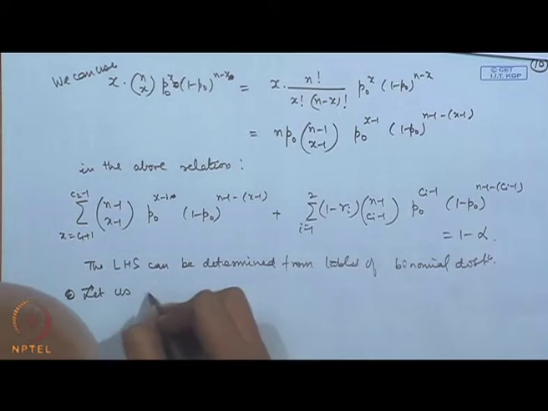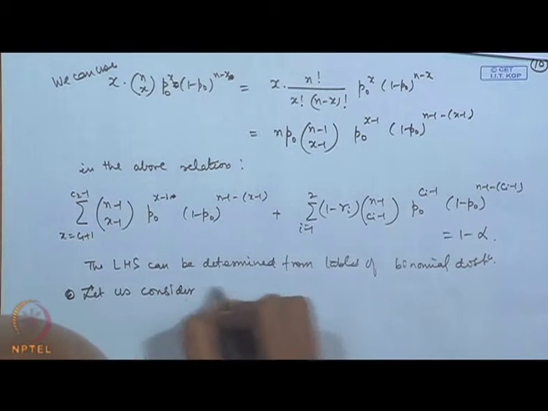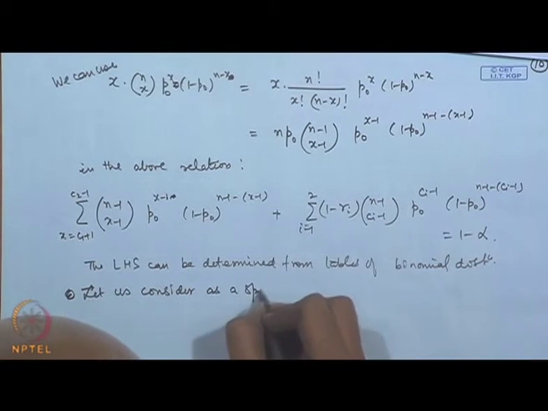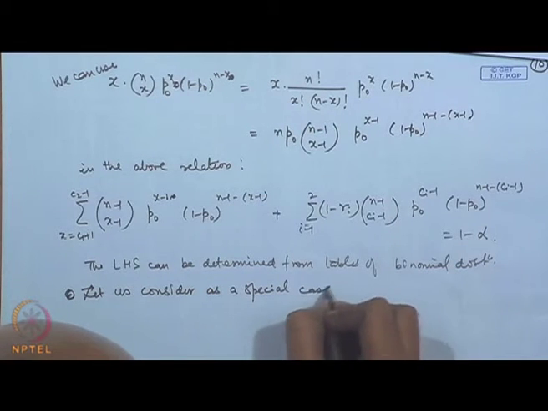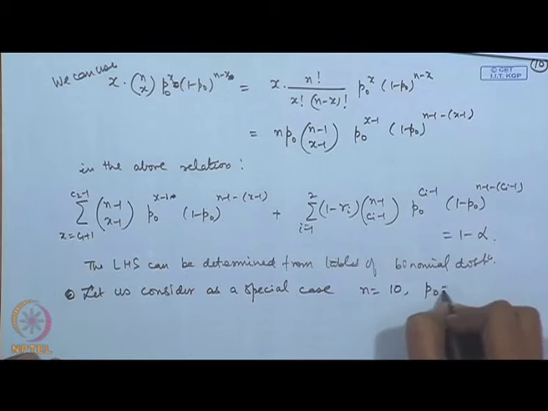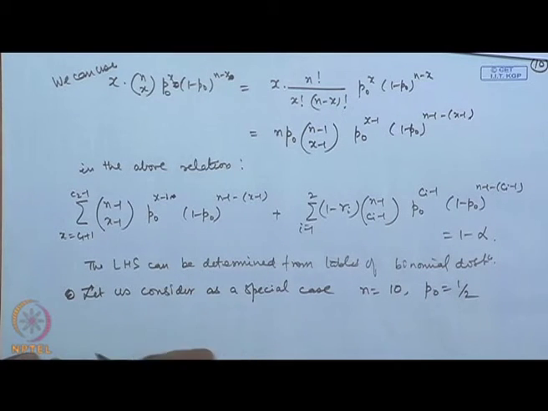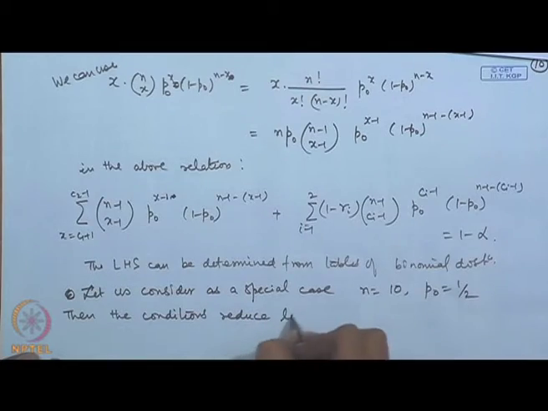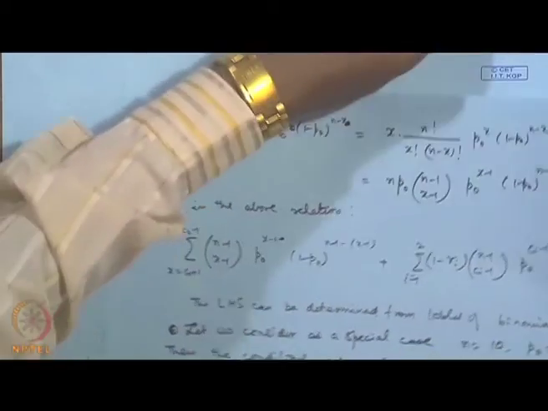Let us consider as a special case, say n is equal to 10 and p naught is equal to half. Then what is it reducing to? Then the conditions reduce to, let me write it here one by one.